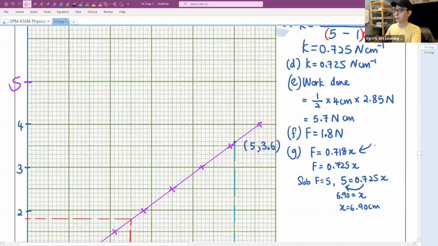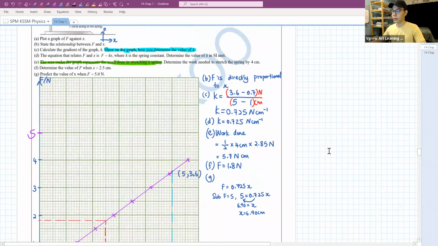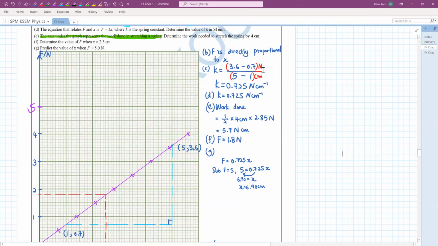And you follow your one. Okay, if got extra graph paper, I will just extend the graph. I think it's easier. Okay, and do extrapolation. Yeah, this one. So far okay. Can, teacher. We continue.